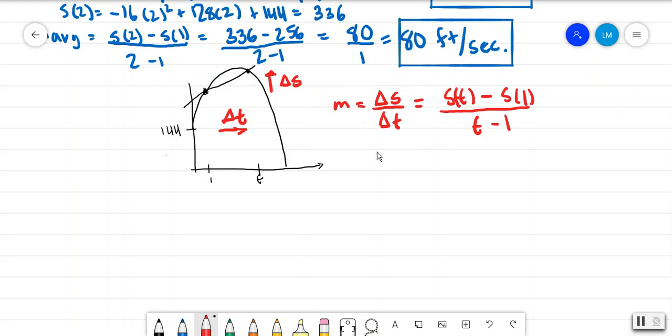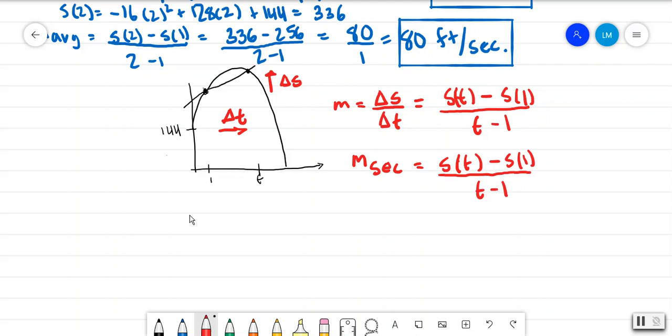That's what we call the secant, but it's the same thing as the average rate of change. So we have s of t minus s of 1, all divided by t minus 1.